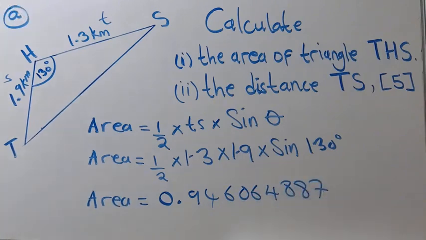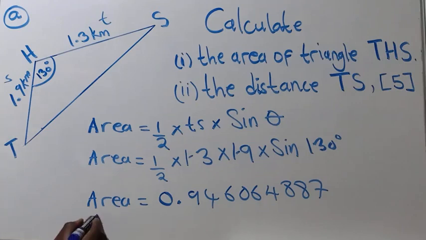Now remember, since here you are not told to leave your answer to 2 decimal places or 3 decimal places, you are not given those instructions. On the front page of the paper there are instructions which say that if the degree of accuracy is not given, leave your answer correct to 3 significant figures.